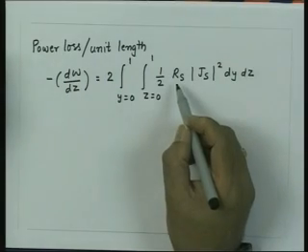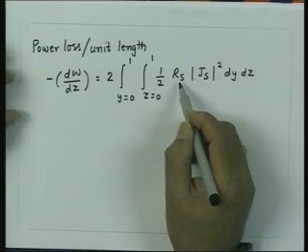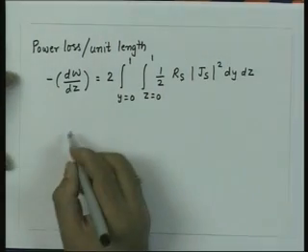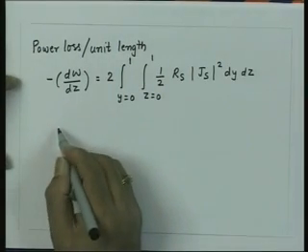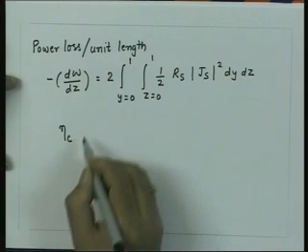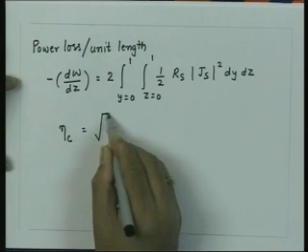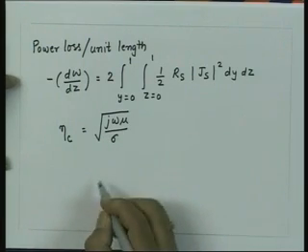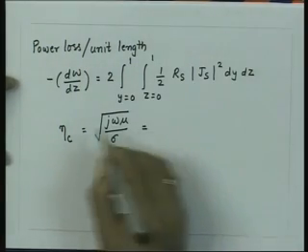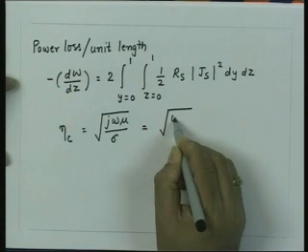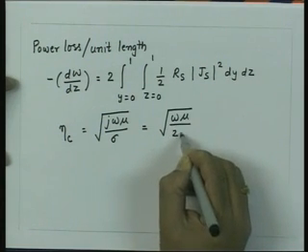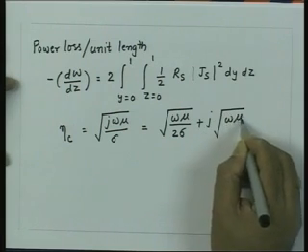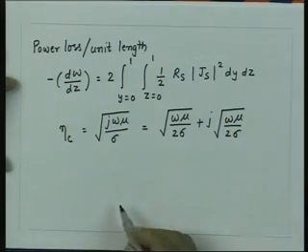And if you recall, the Rs was the real part of the intrinsic impedance of this conducting wall. So, just to remind you that the intrinsic impedance eta_c for the conductor is square root of j omega mu upon sigma, which we can separate out into square root of omega mu upon 2 sigma plus j square root of omega mu upon 2 sigma.